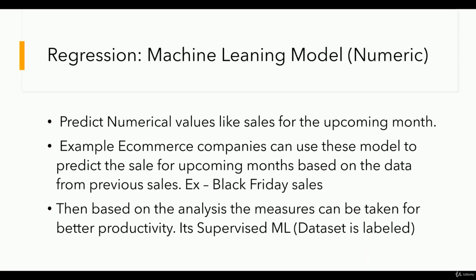Now, let us talk about the first model, that is regression. This is a machine learning model and it is based on numeric values. It predicts a numerical value, like sales for the upcoming month. For example, an e-commerce company can use this model to predict the sales for upcoming months based on data from previous sales, like Black Friday sales.